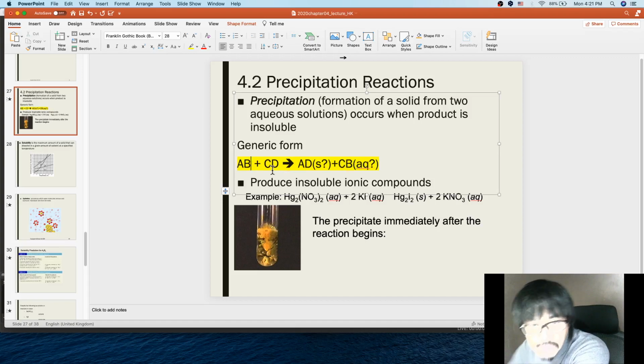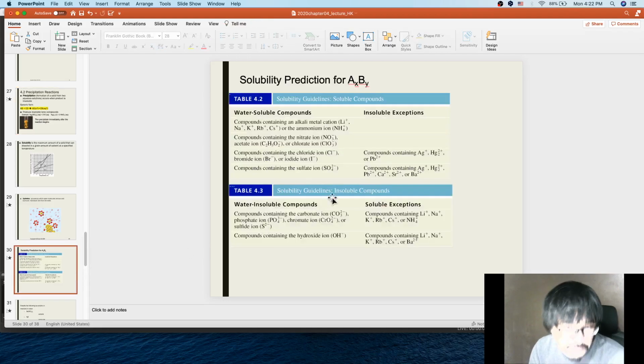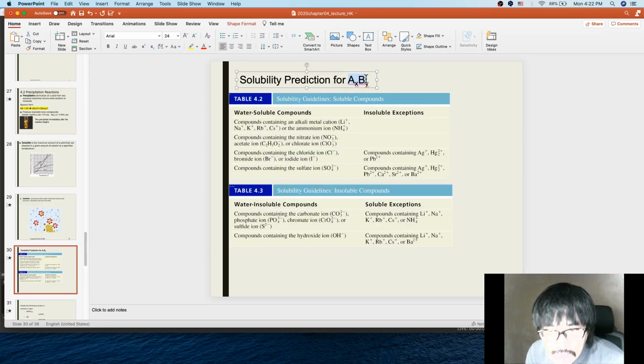You have to do it 4 times, for each of the products and reactants. So all 4 of these have to be identified as solid or aqueous phase. How do I do that? Anytime you have a molecule of 2 things combined, you can use this table to figure out whether it is soluble or not.